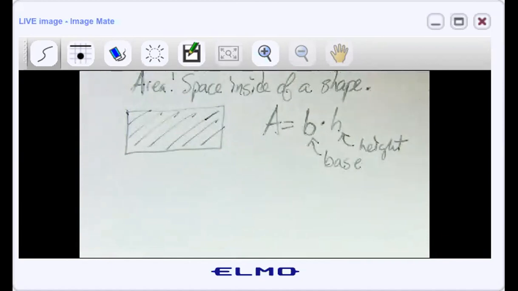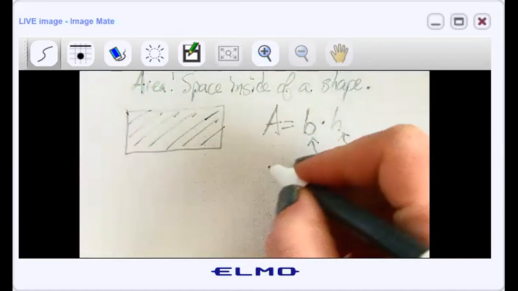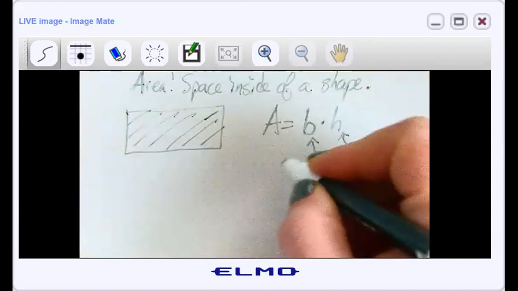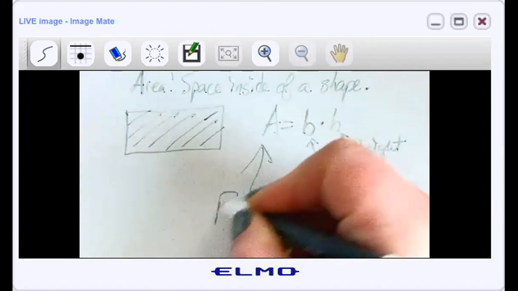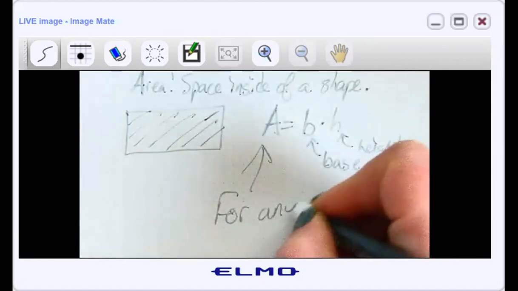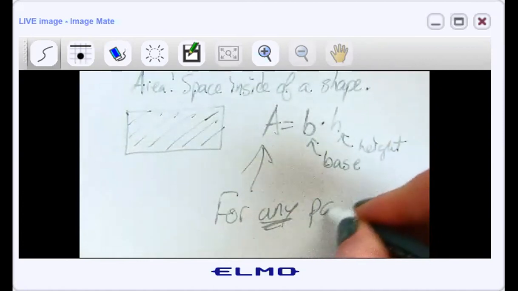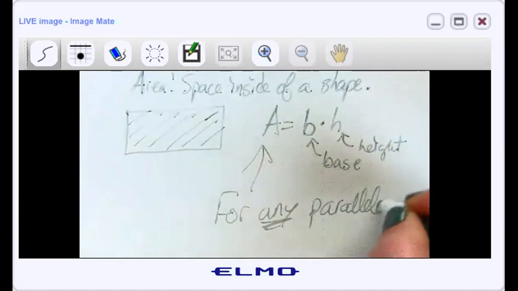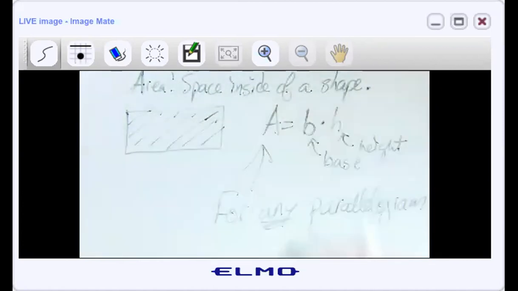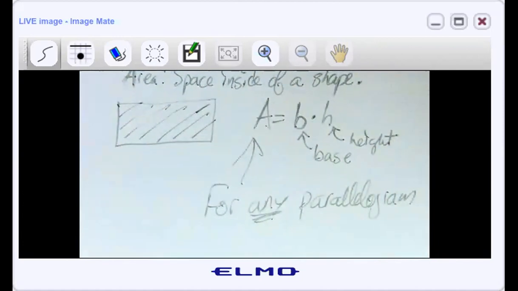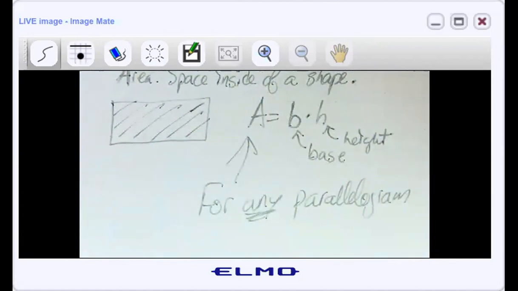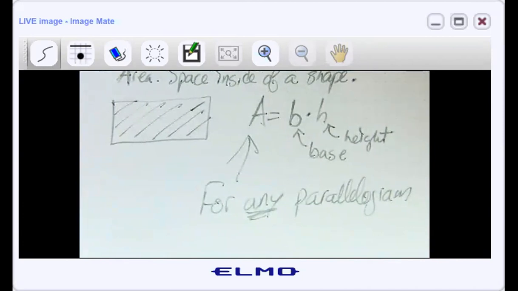Area, space inside of a shape, base times height. Now this works for any parallelogram. So I know we haven't done our official unit on quadrilaterals, but parallelograms include rectangles, squares, rhombus.